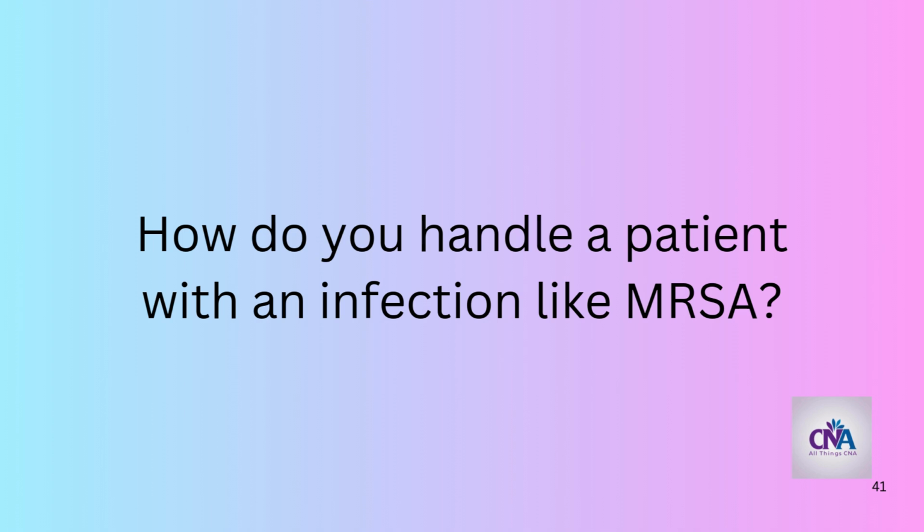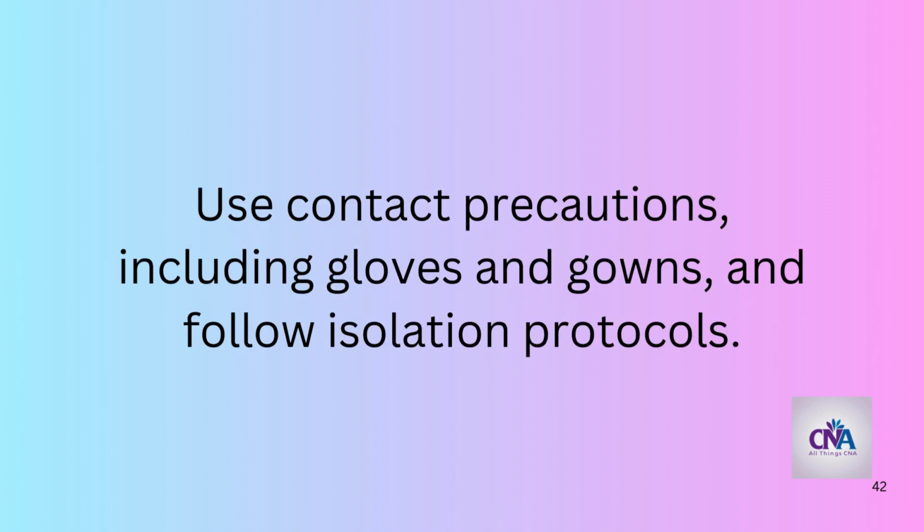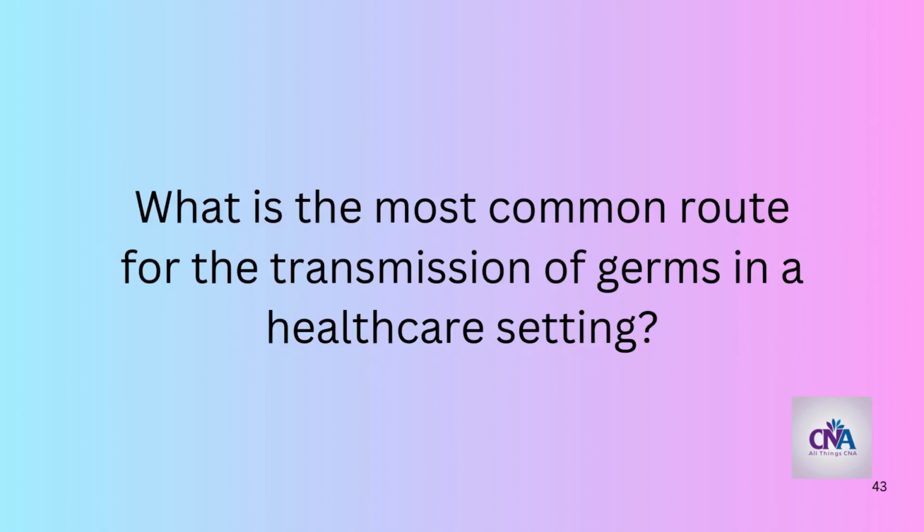Question: How do you handle a patient with an infection like MRSA? Answer: Use contact precautions, including gloves and gowns, and follow isolation protocols. Question: What is the most common route for the transmission of germs in a healthcare setting?